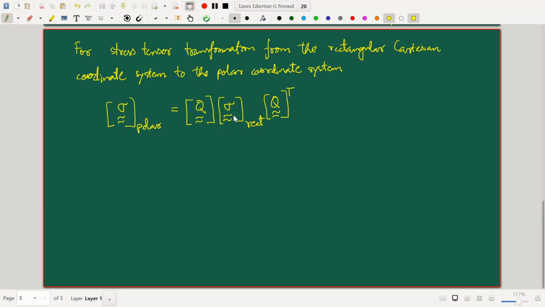So q sigma rectangular times q transpose. When we do this, we'll end up with this stress tensor in the polar coordinate system. So what is this q? We have cos theta, sin theta, minus sin theta, cos theta.